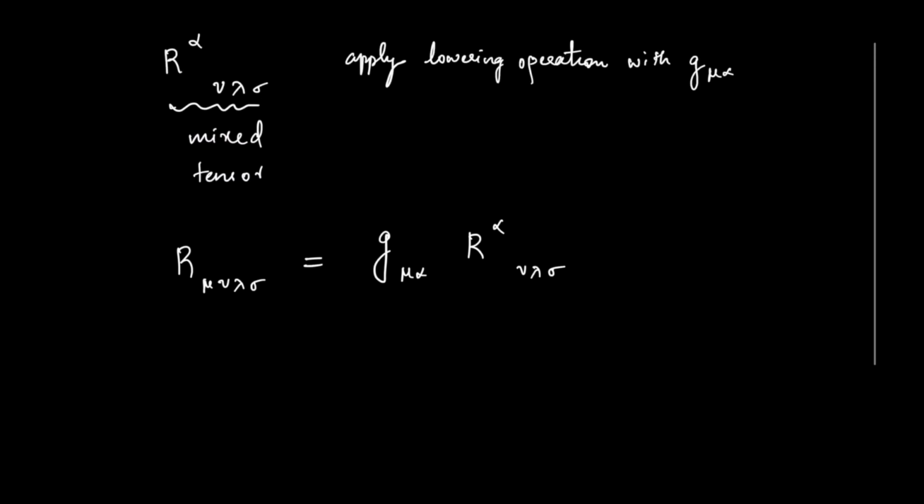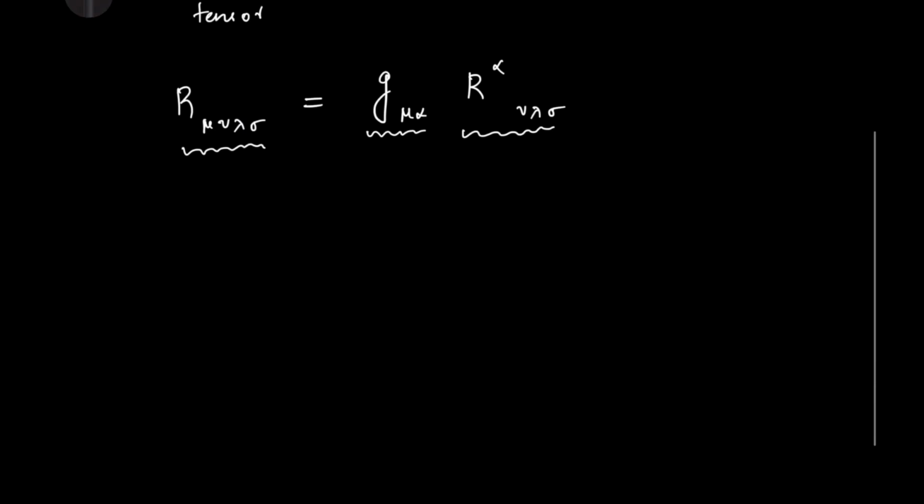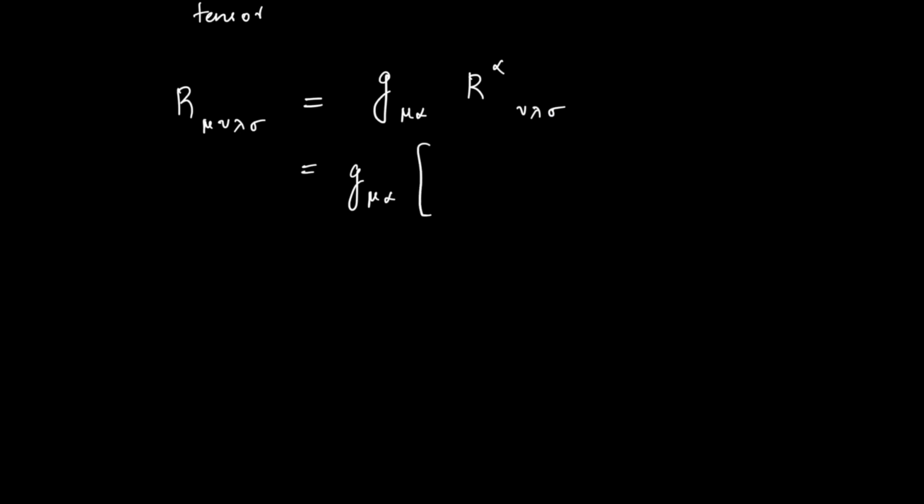So I have taken a mixed tensor and I am applying the lowering operation to get the fully covariant Riemann tensor. Now this is equal to g mu alpha. Now I have to substitute for R alpha nu lambda sigma.